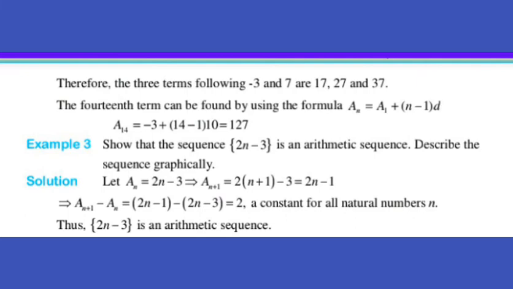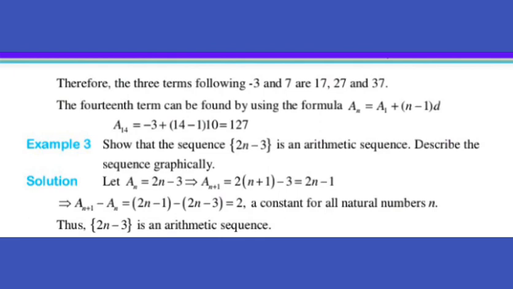Another example shows that the sequence 2n minus 1 is an arithmetic sequence. By the way, the graphical representation is not necessary. In simple terms, an equals 2n minus 1. Then d equals a(n plus 1) minus an.